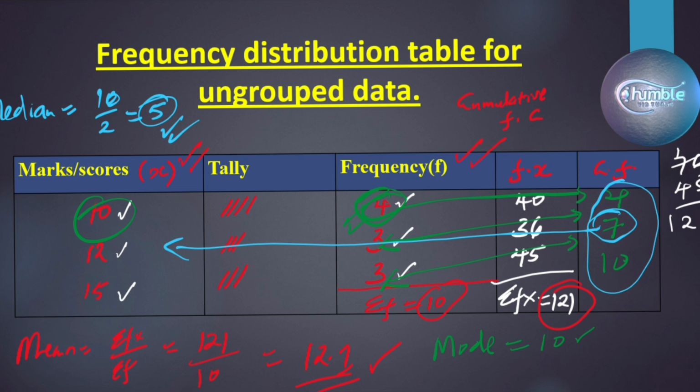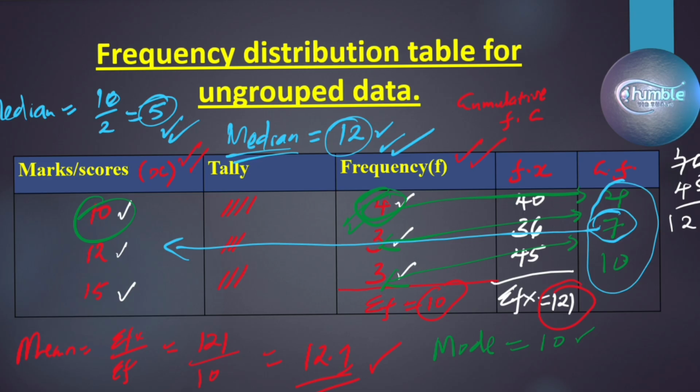It is 12. So our median is 12. That means 10 occupies the first 4 scores, and from the 5th score it is 12 up to the 7th score. So the median is sitting at the 5th score, and it is 12 that sits at the 5th score.